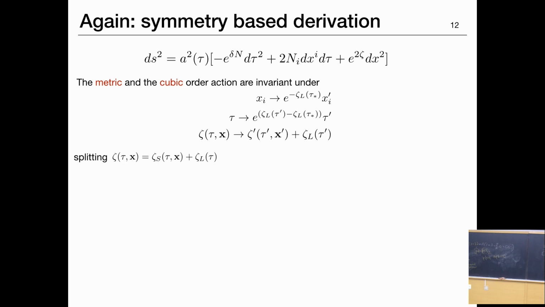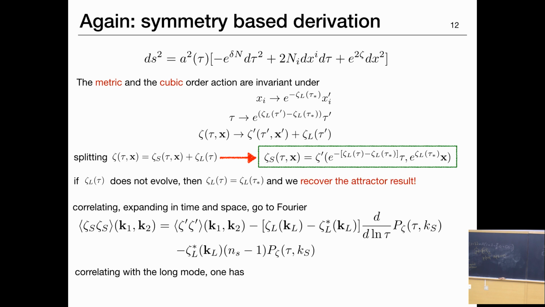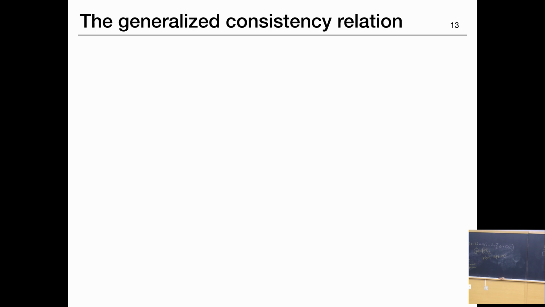Again, we split the full mode into long and short modes, and we found that the short mode is related to the full mode in this way. Same as before, we compute the two-point function and expand both in time and space, and we found this. Then we correlate with a long mode. What we found is this.